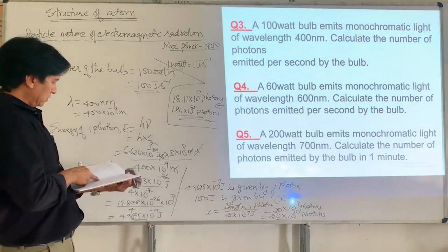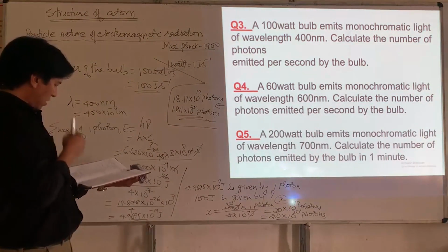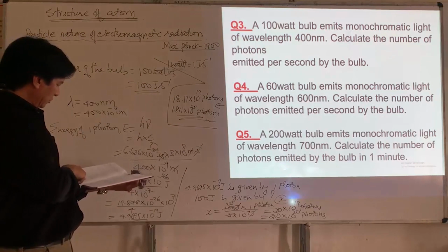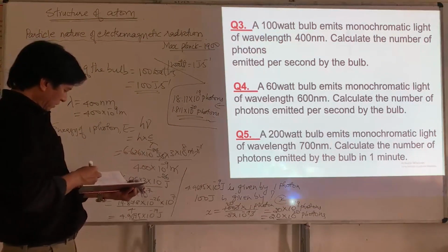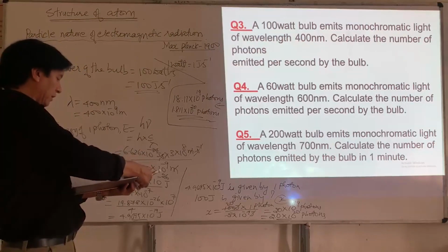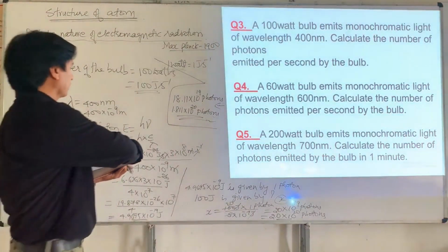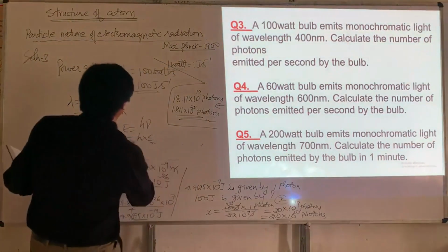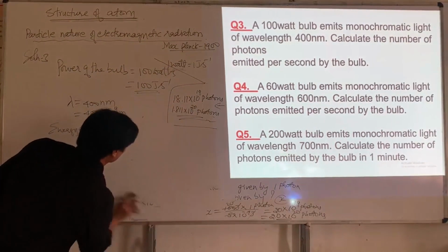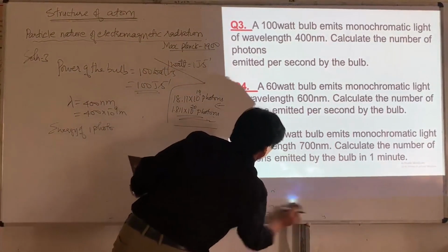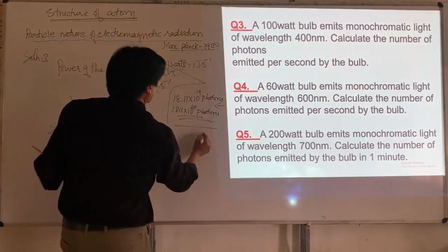And so here, you have 2 joules, 1 photon in 1 second, right? So here, I have got the answer for you. That is in 1 second. The energy given out by this bulb in 1 second, right?